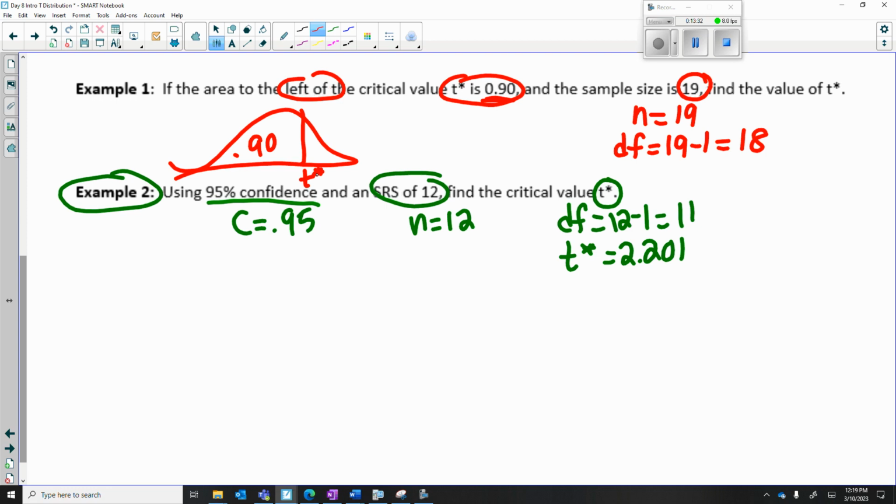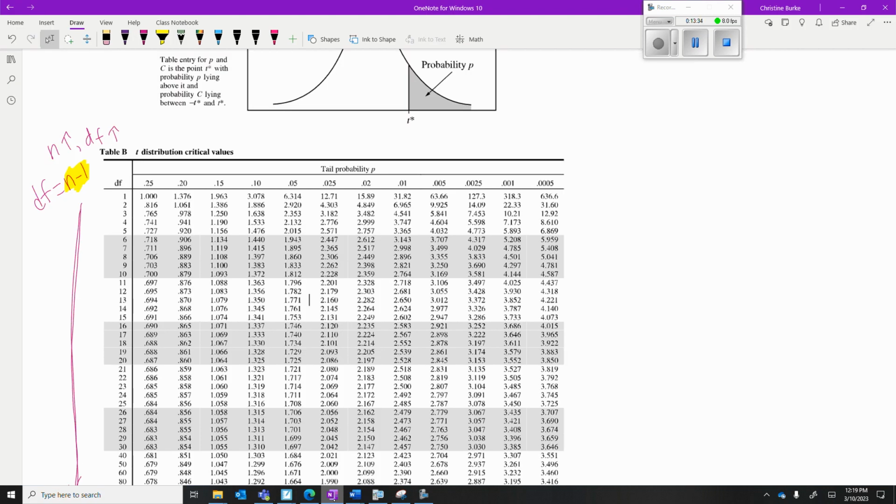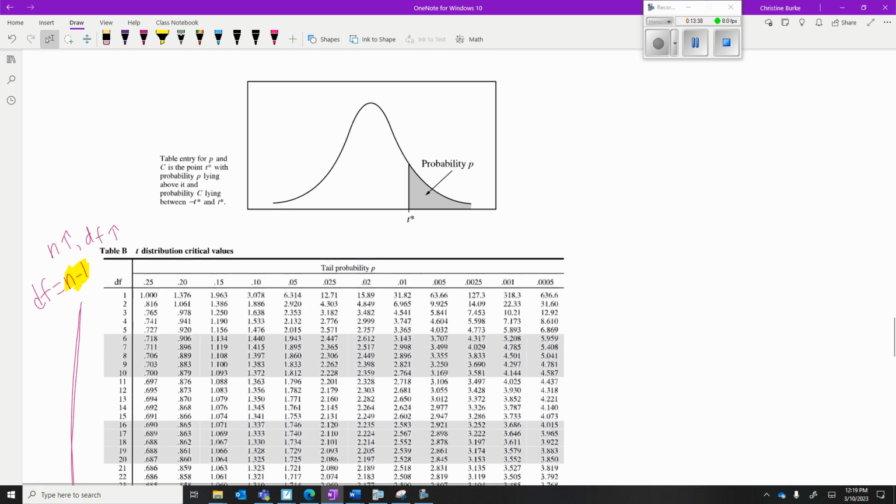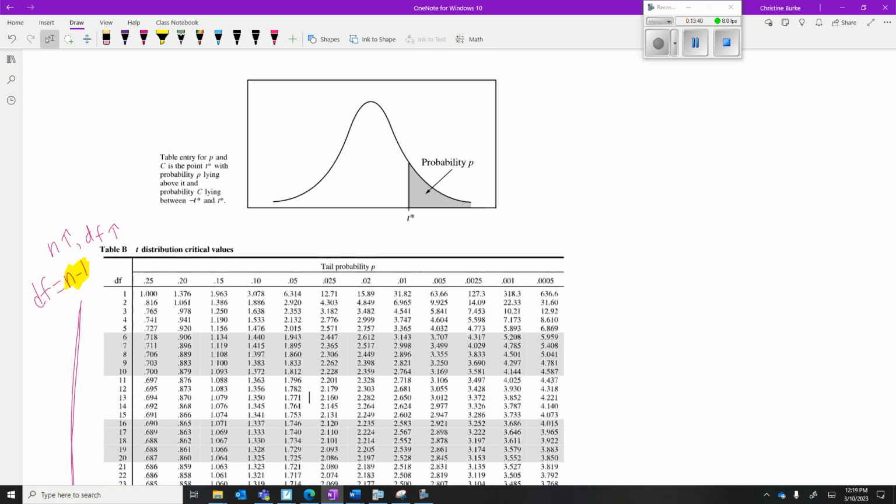Well, interestingly enough, this reference sheet is actually for table B, it's the reverse of table A. It gives you the area to the right here highlighted. So it's the opposite of what we've been doing all year. So if you look here on the top, it says tail probability. That means that's actually the right tail probability that they give you.